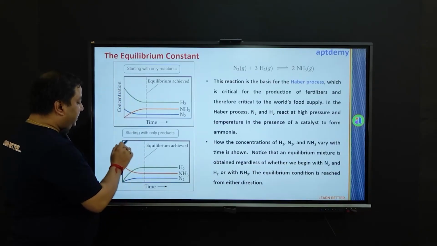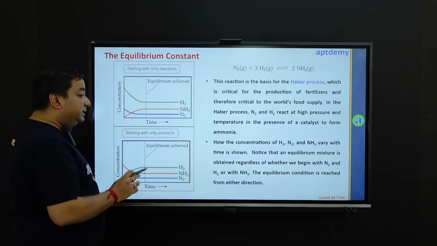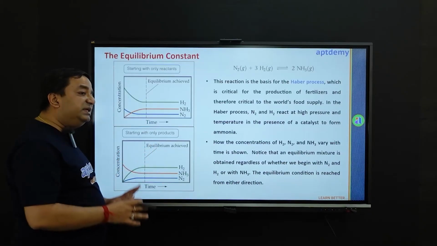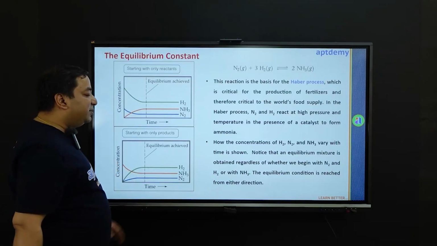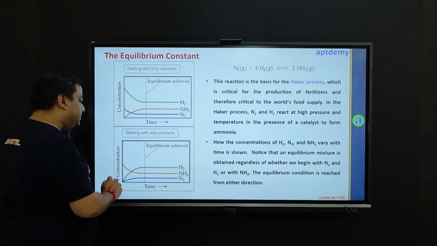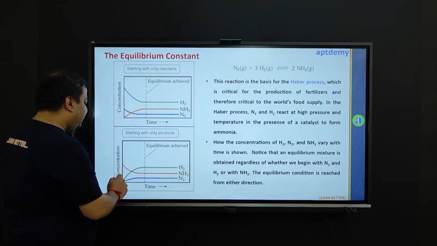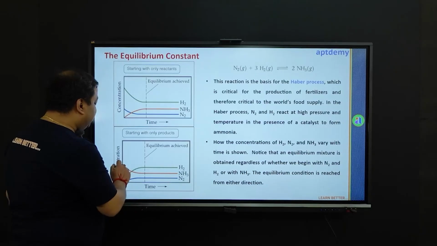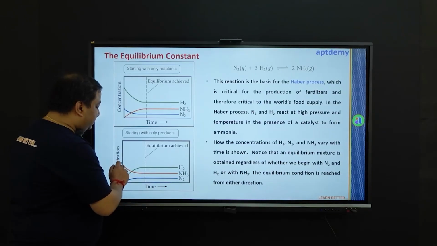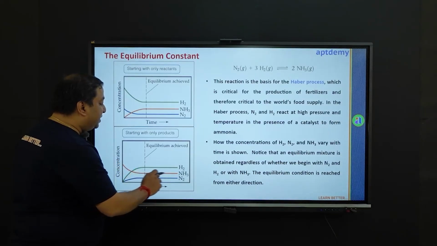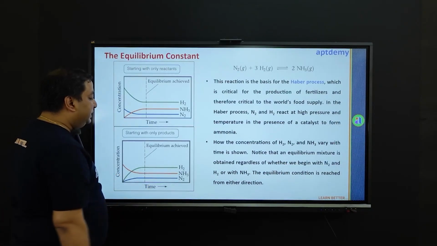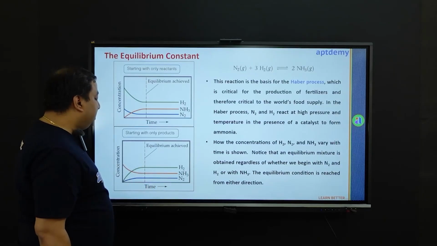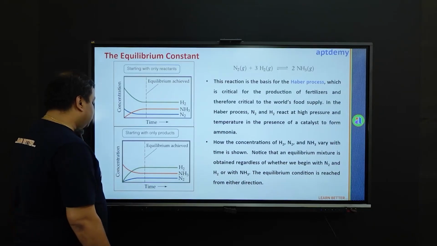Okay. Now again we are considering the reverse direction, where we are starting with NH3. So NH3 will have the highest concentration among all the gas molecules when we start the reaction, and with the passage of time, as we can see, the orange line, the curve, is dipping, and after a certain point it becomes horizontal with the x-axis, and so also with the blue line and green line representing nitrogen and hydrogen gas concentration.